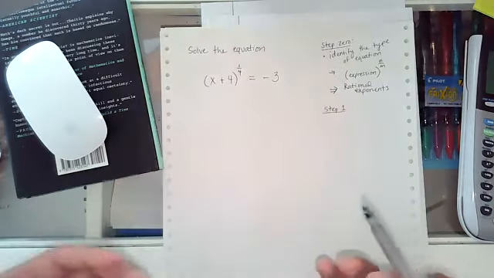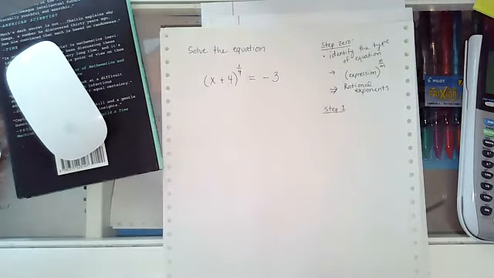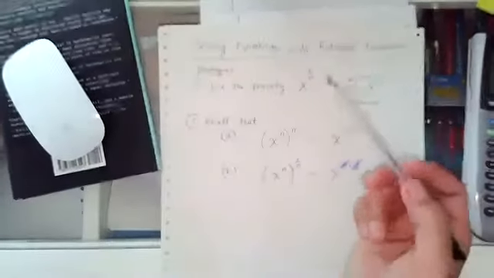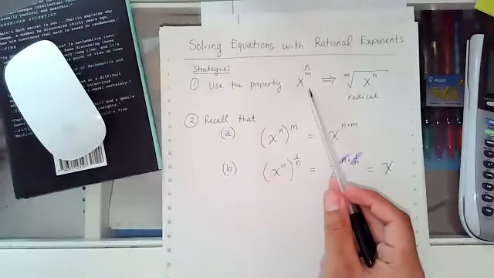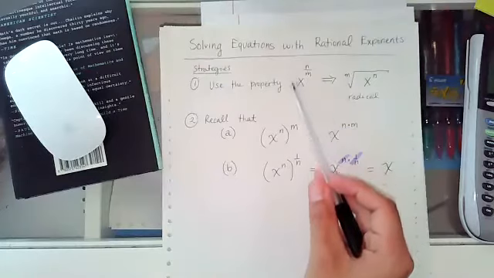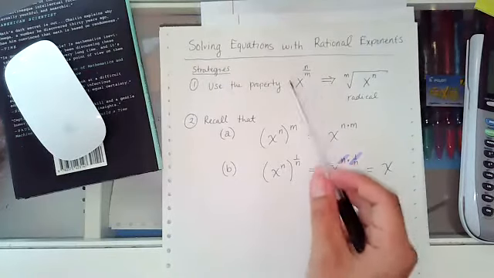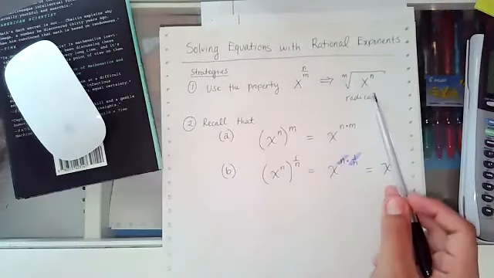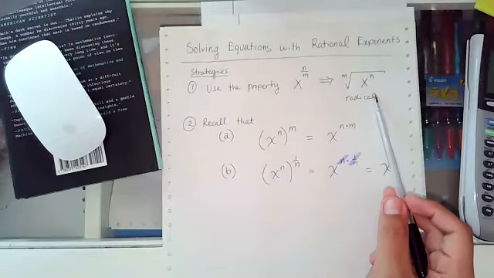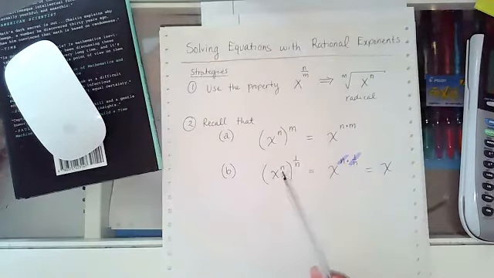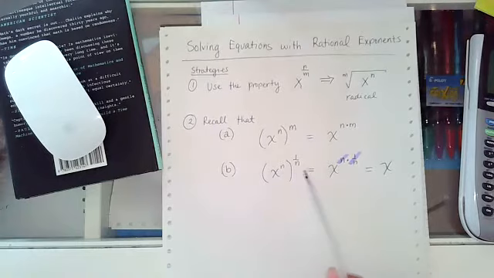There's a couple of ways you could do it, right? Those two strategies I said. So either we could use this property to change our expression with rational exponents into a radical expression, or we could cancel out the power by raising both sides of the equation to its reciprocal power.